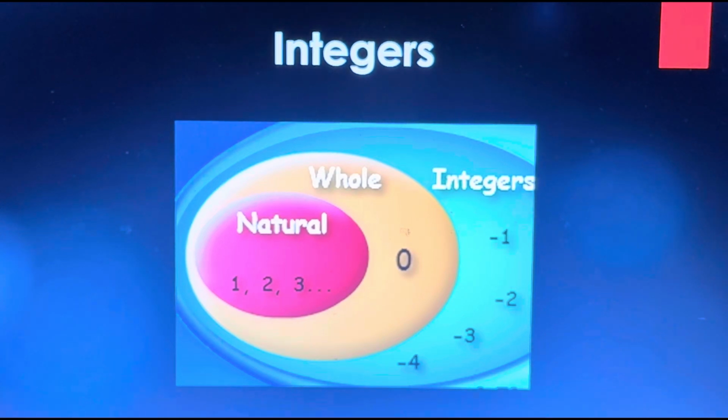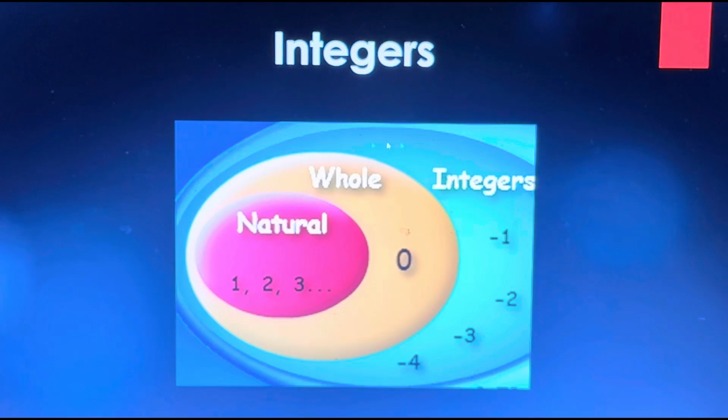Now, the third series which we are going to learn today are integers. Now, these integers will include the positive natural numbers, negative numbers, that is -1, -2, -3, and so on till infinity, including 0. So integers will have negative integers, positive integers, and 0.